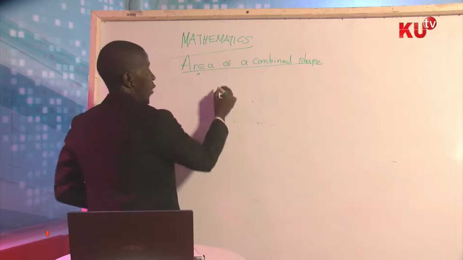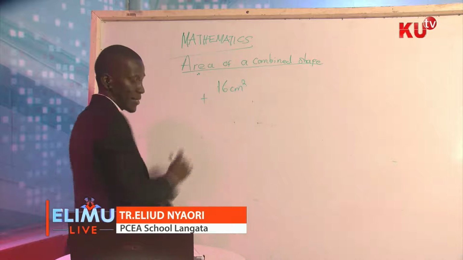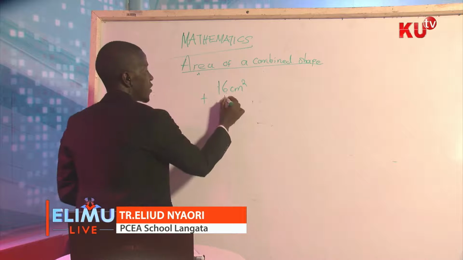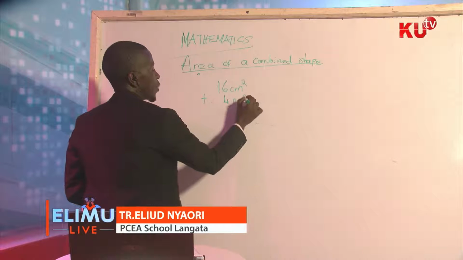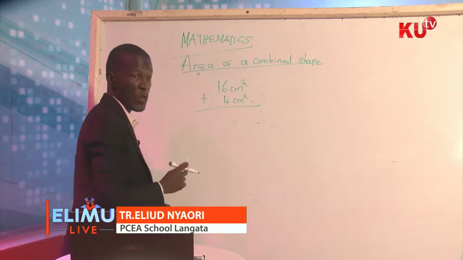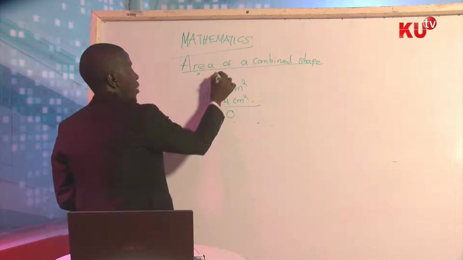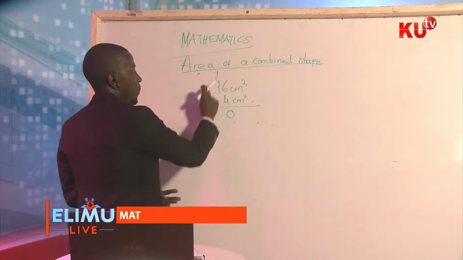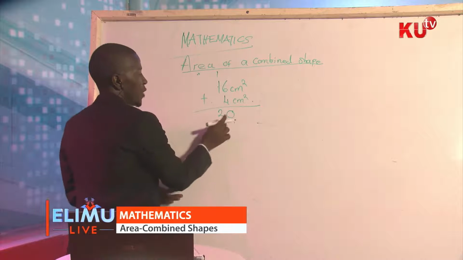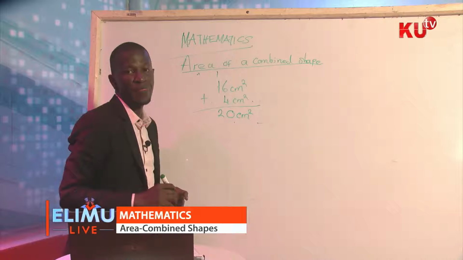The area of the square, which is 16 centimeters squared, plus the area of the triangle, which is 4 centimeters squared. 6 plus 4 is equal to 10. So I'll write 0 and carry 1. 1 plus 1 is equal to 2. So this will be 20 centimeters squared.